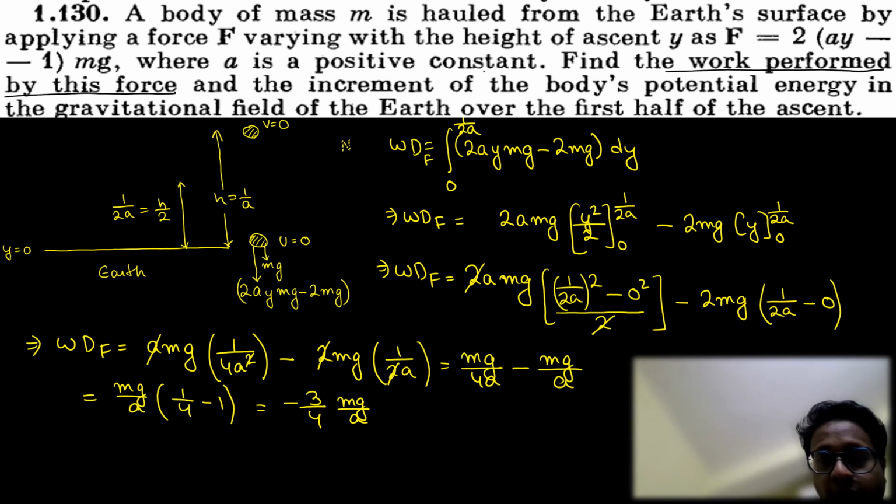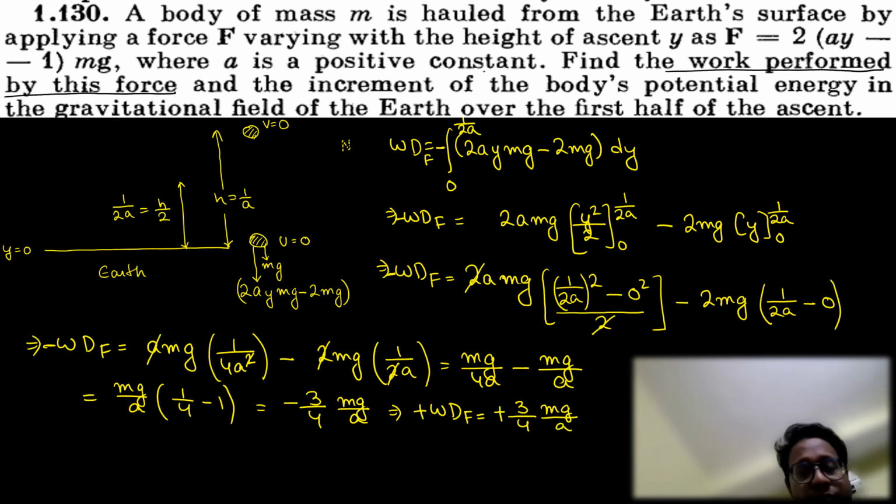So the entire thing would be multiplied by minus. Instead of putting minus at every point, I'm just putting minus at work done. So minus of work done by force is minus 3 by 4 mg by a, or work done by force is 3 by 4 mg by a.